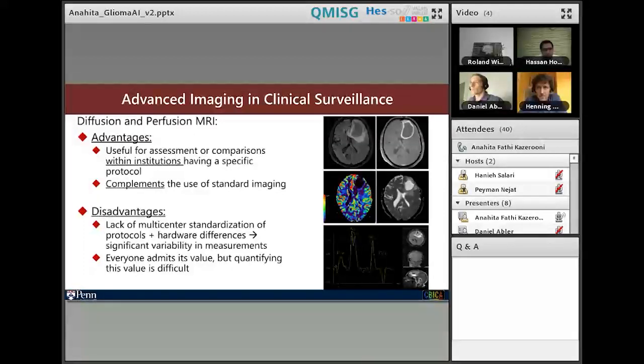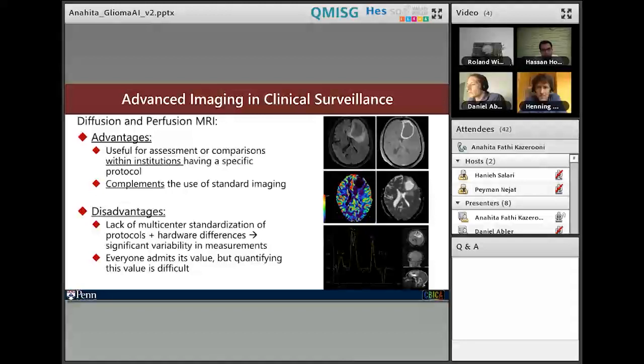Now, probably many of the audience here know about diffusion and perfusion MRI. We know that they are very useful for evaluation or comparison of images within institutions that have a specific protocol. Diffusion and perfusion MRI are very useful for showing cellular density and neoangiogenesis of the tumors.